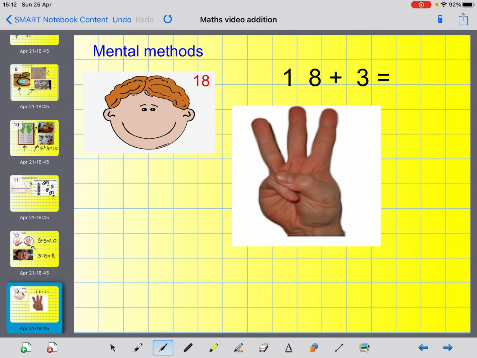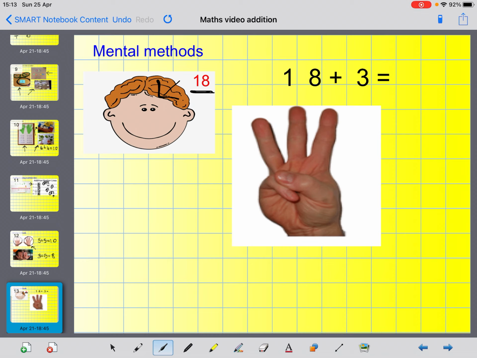So then we will move on to working out more mentally by keeping the largest number in our heads, because I don't, for example, have 18 fingers. My number will be 18, and as we know, we don't have 18 fingers. So I can keep my 18 number in my head, and then I can add 3 fingers.